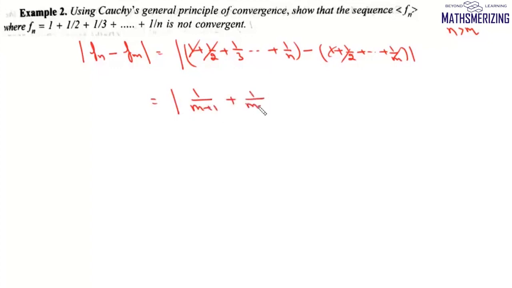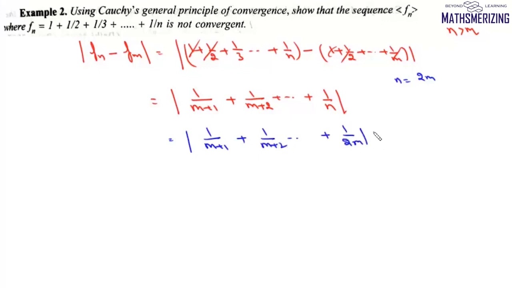So we'll get this as 1/(m+1) + 1/(m+2) up to 1/n. Now if we choose this n as 2m, we can write this as 1/(m+1) + 1/(m+2) up to 1/(2m), which will be greater than 1/(2m) taken m times.